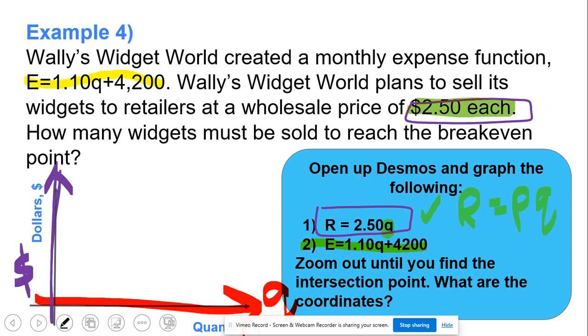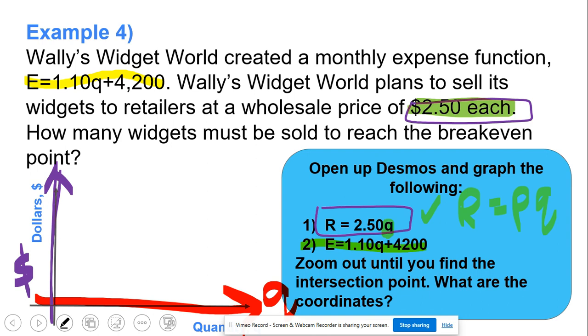A little different, normally instead of X and Y, but what's interesting is that even though we have Q in each of our equations, it will actually graph just the same on Desmos. So we'll pull up Desmos and we're going to put R equals 2.50Q and E equals 1.10Q plus 4,200. Then we're going to zoom out until we find the intersection point and look for the coordinates.